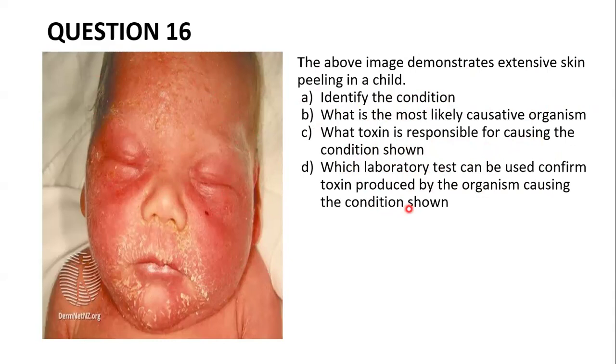So which organism can you think of that causes skin infection, especially this peeling-like infection? So identify the condition and then the bacteria responsible for this. So this is Staphylococcus aureus, scalded skin.